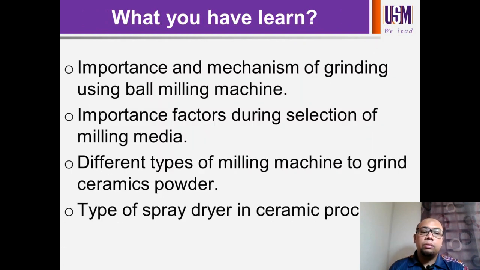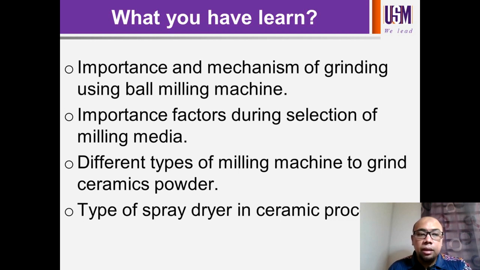Now I want to summarize what you have learned in the milling process. Number one, you have learned the importance and mechanism of grinding using a ball milling machine. Number two, you learned the important factors during selection of milling media.